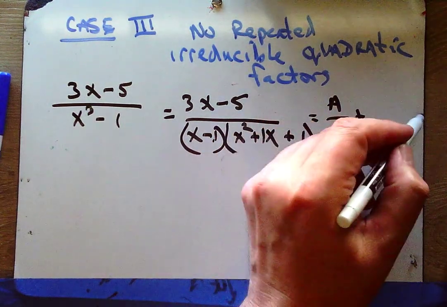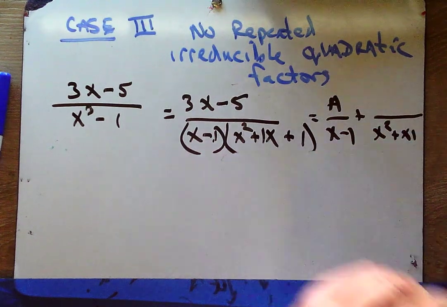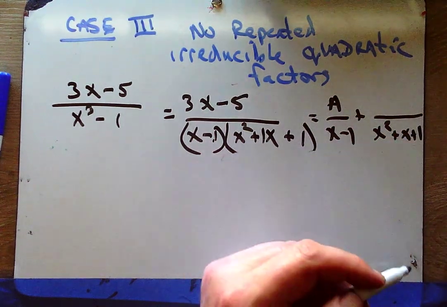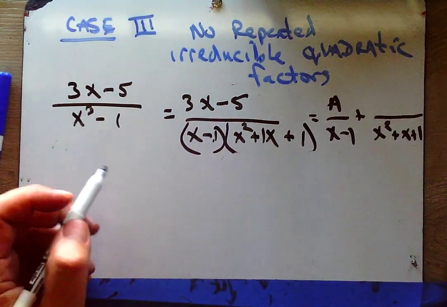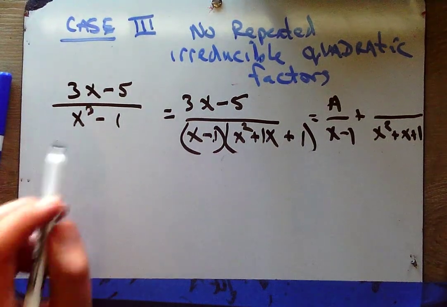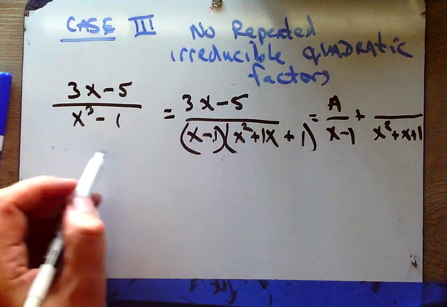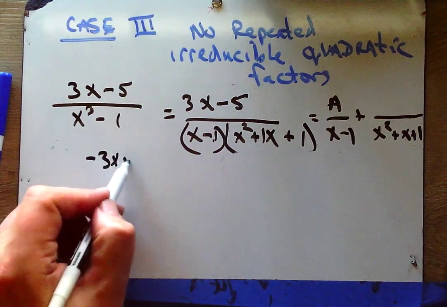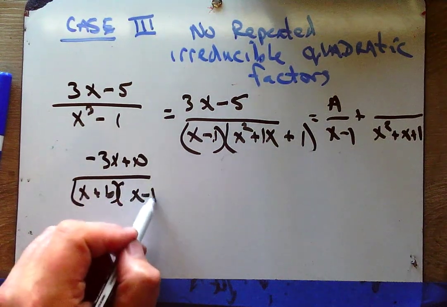So what do we put on top? Plus 1. It's not b. Sorry. Yeah, it's not b. So here's what I want to say. Remember when we had this problem and we said minus 3x plus 10 over x plus 6 and x minus 1.